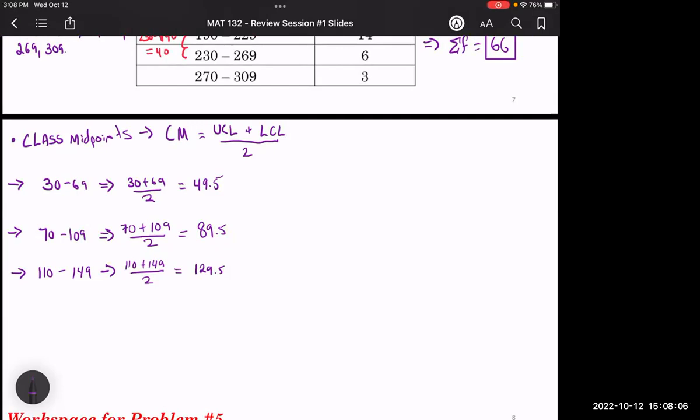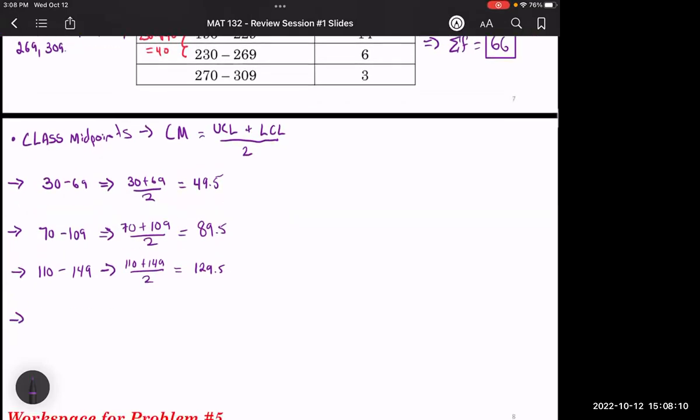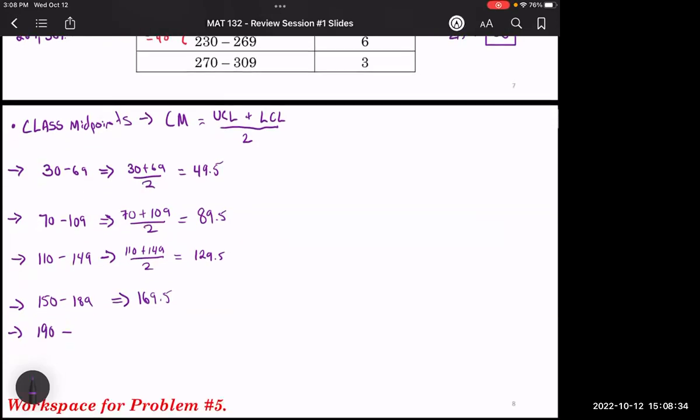So if we use that observation, without doing much arithmetic, what would be the class midpoint for 150 to 189? 169.5. That's right. Without writing out the actual math, just add 40 to the previous class midpoint. The next class was 190 to 229. What would that be? 209.5.